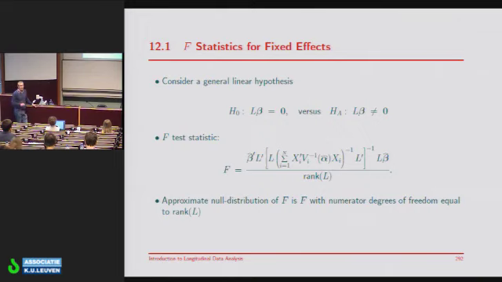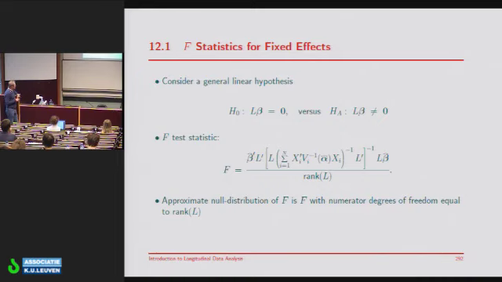Basically it's the estimate of that linear combination, with in the middle the covariance matrix inverted, and then you have that estimate again, but transposed, and that makes it like a quadratic form, which follows a chi-square distribution if you do a Wald test, or it follows an F distribution if you do one of these tests where you take into account the uncertainty in the estimation of the alpha parameters.